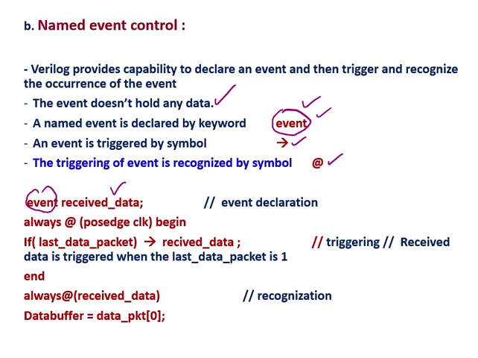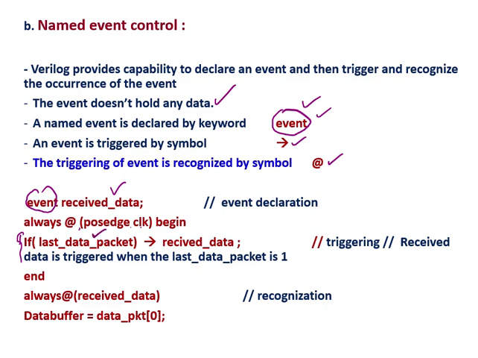Then always @(posedge clock). If there is a change on the positive edge of the clock, it will go into that block, and there will be a flow of data. Suppose we encountered a positive edge of the clock, then this line will be checked: if last data packet is true.